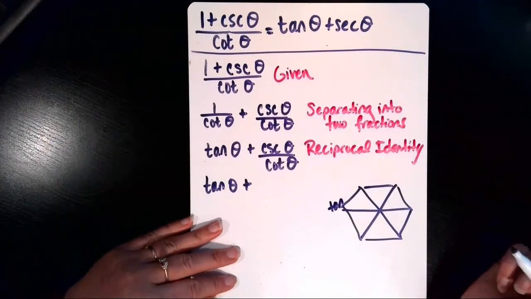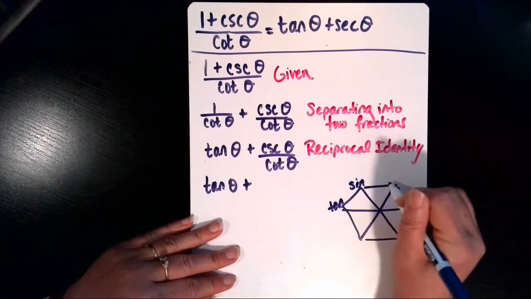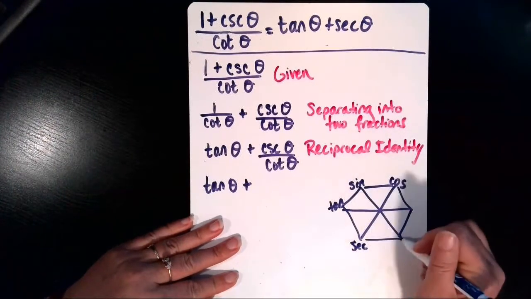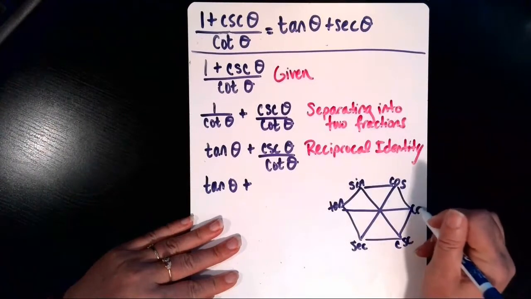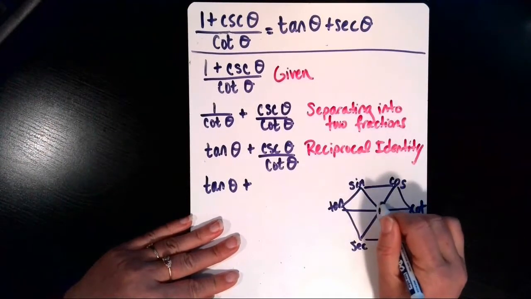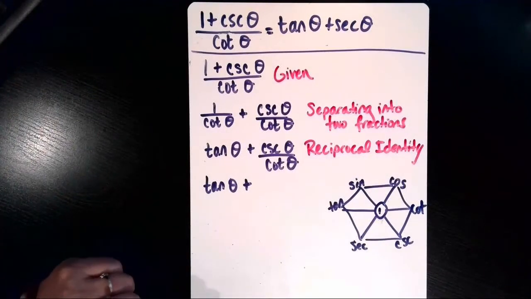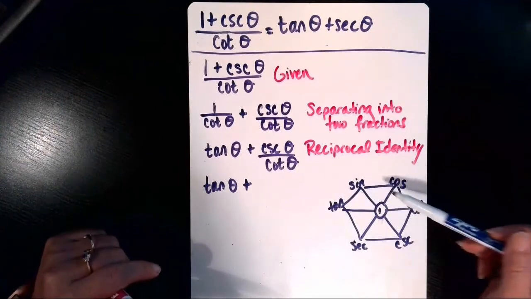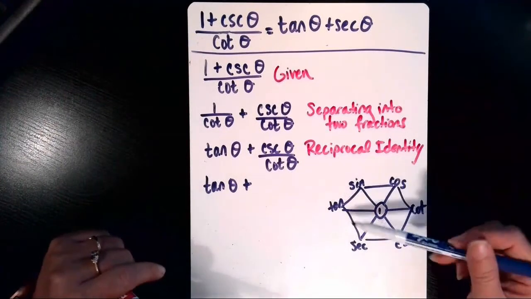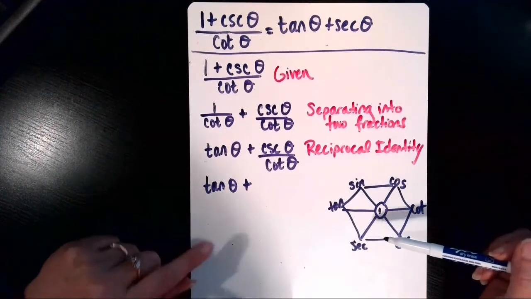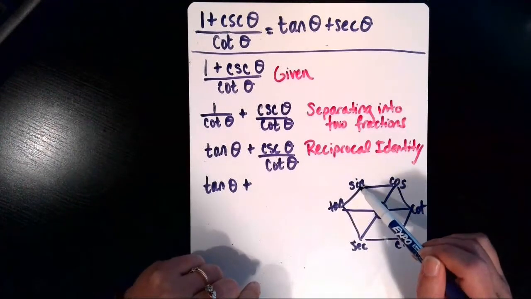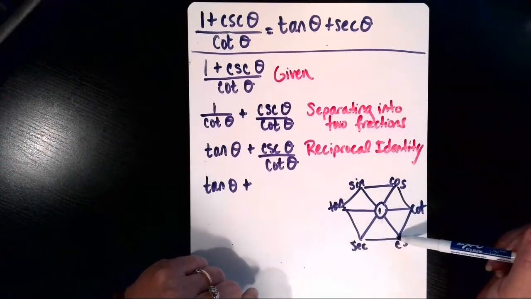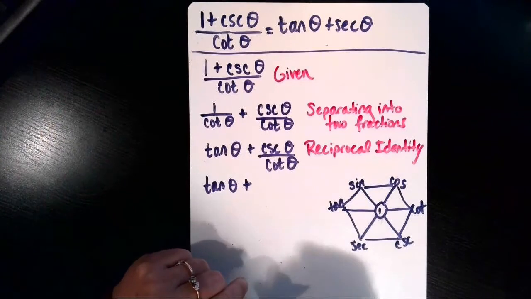So tangent goes on the leftmost vertex, then we have sine and cosine, then the reciprocals are secant, cosecant, cotangent, and we always put a 1 in the center of the hexagon. So if you recall our quotient identities, they follow consecutive vertices, either clockwise or counterclockwise. So for example, tangent is the quotient of sine over cosine, or you could write tangent as the quotient of secant over cosecant, because those are consecutive vertices.